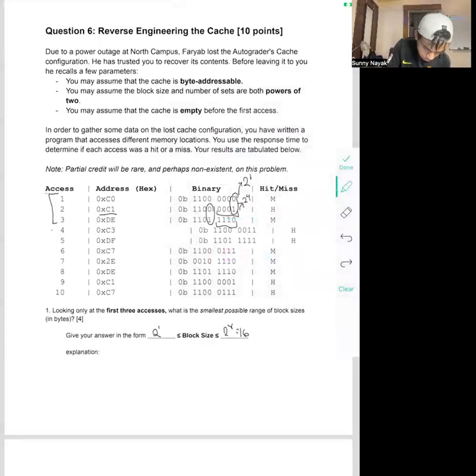Okay, so now we're going to be looking at this entire range. And so the first new axis that we introduced is C3, and that's a hit. So what does that tell us?